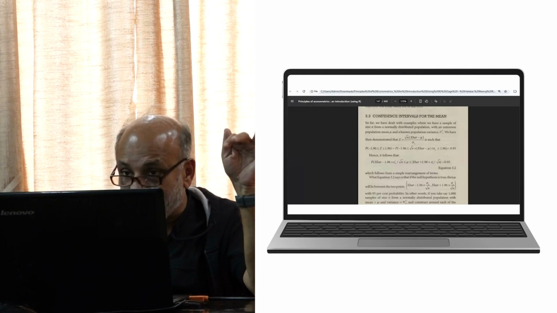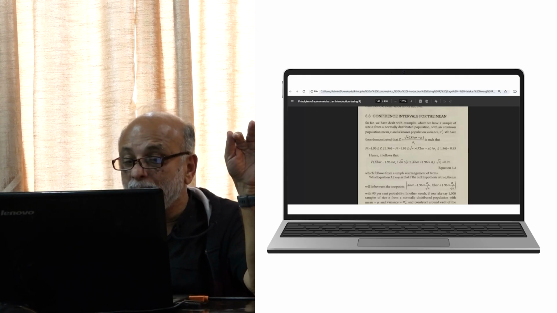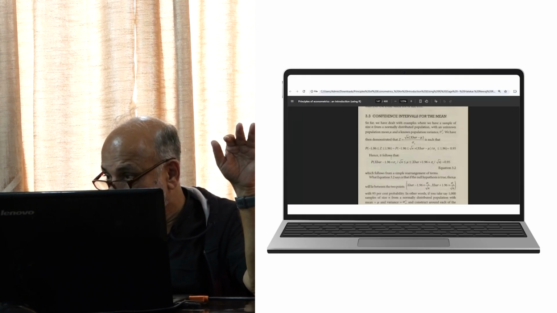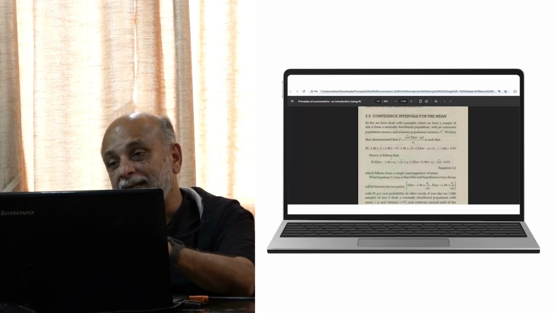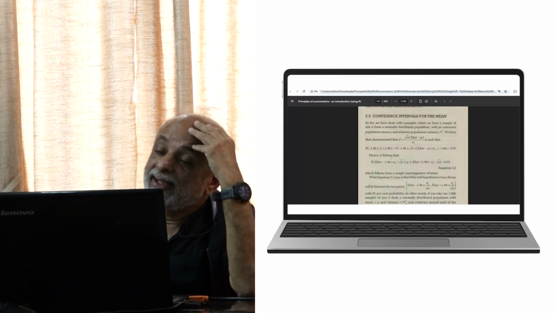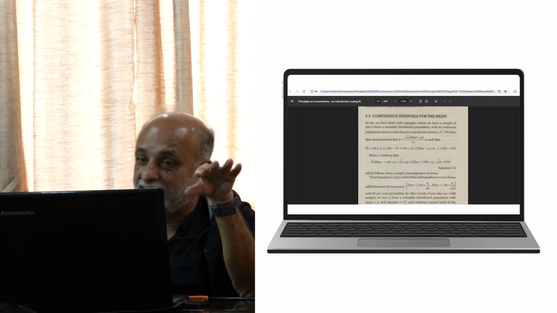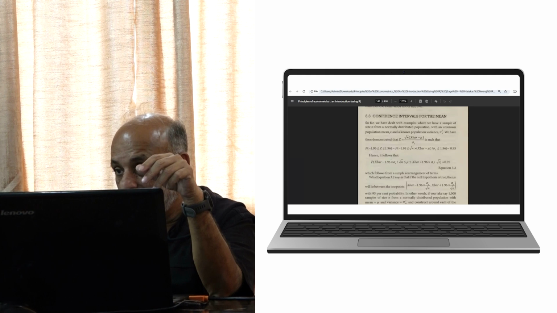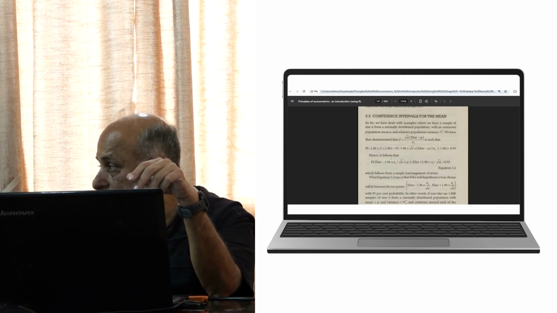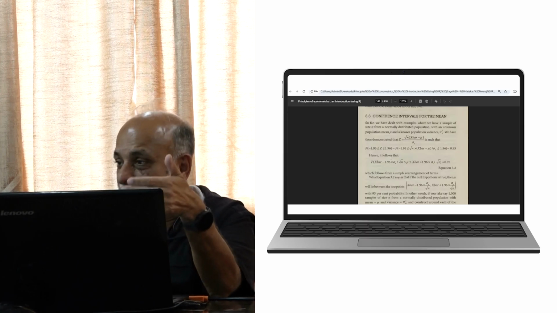So for each sample, each x bar, you will get a confidence interval. If you take 1,000 such confidence intervals, this theory says that 95% of those confidence intervals will actually contain the true mean. That is why they are called 95% confidence intervals.